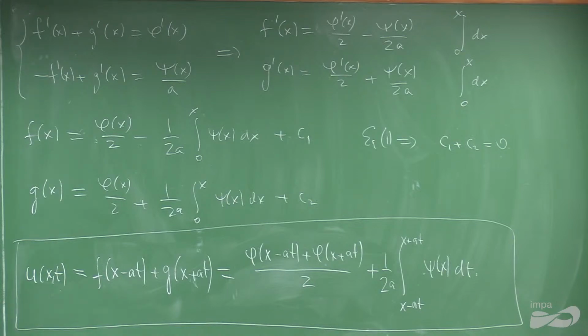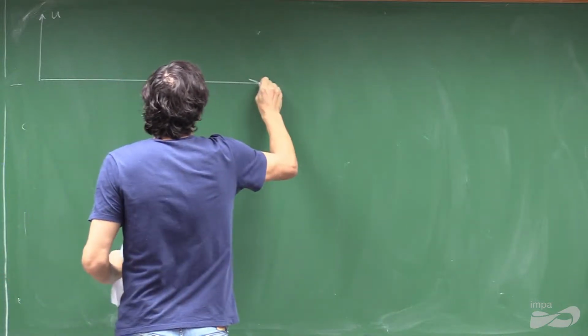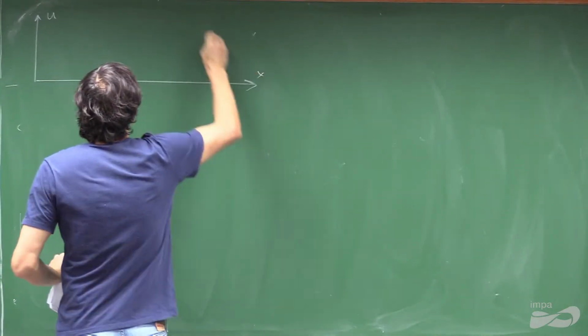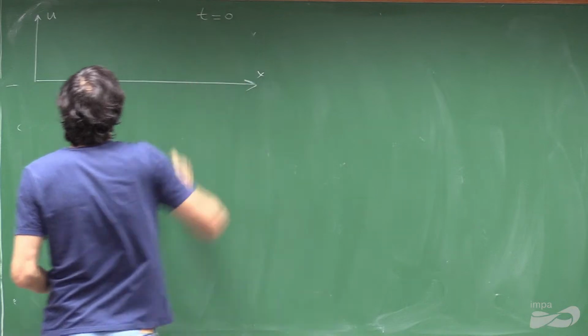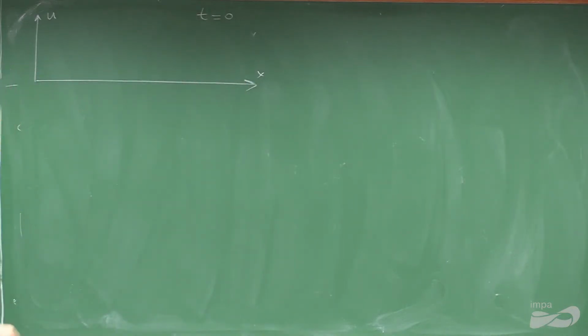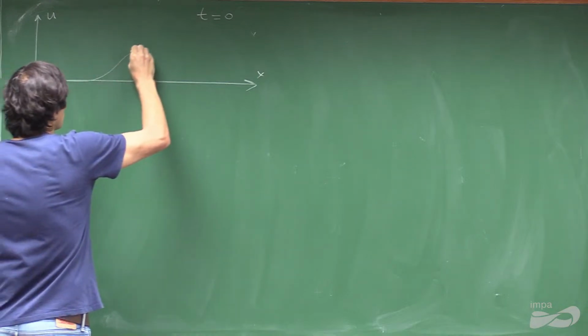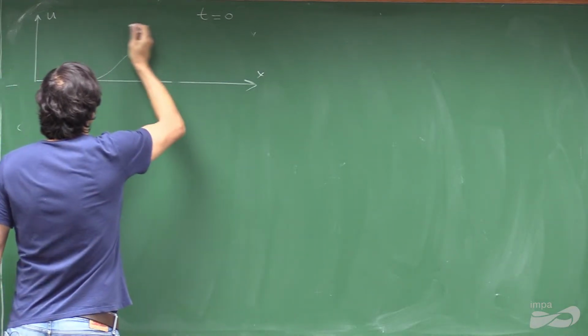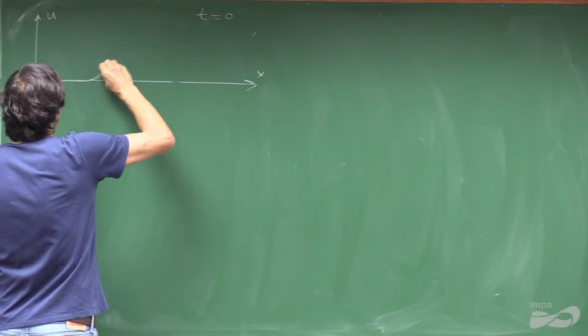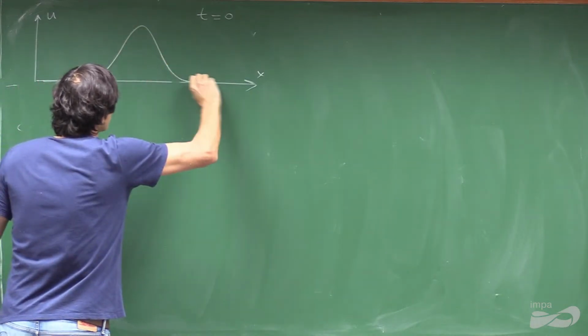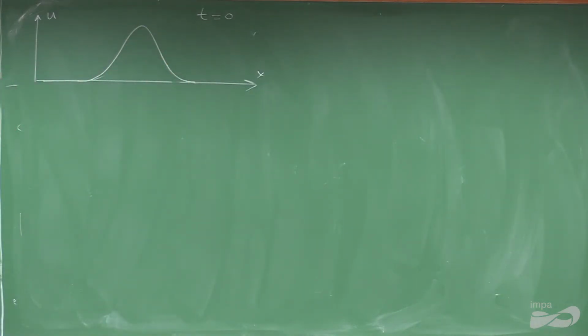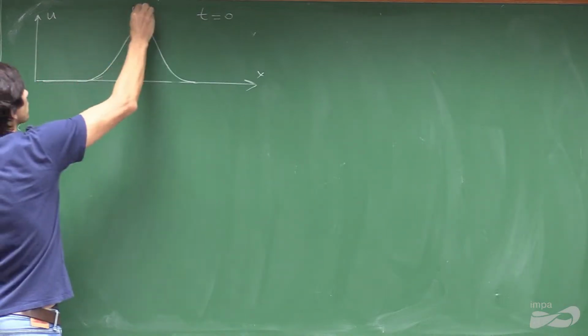What we will do, we will consider u at time equals 0. For example, we will consider that the initial deformation is like this. So this is our function phi of x.